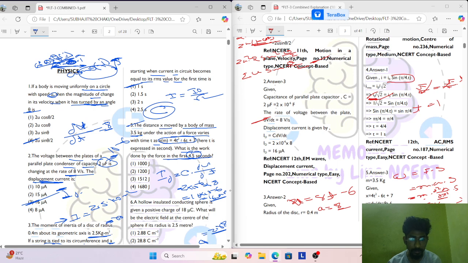T means here 4.5 seconds. Square of 4.5, what is the value? 20.25. That becomes 20.25 into 4, that is 81, minus 6 into 4.5, that is 27, plus 7, that means you will get 61.